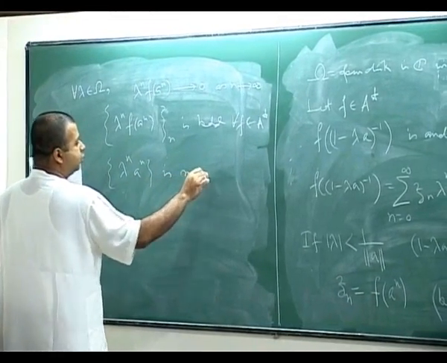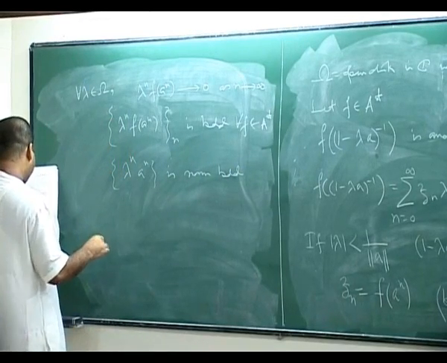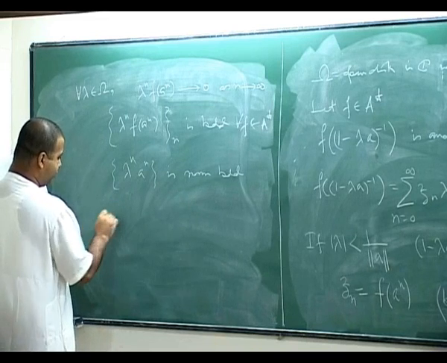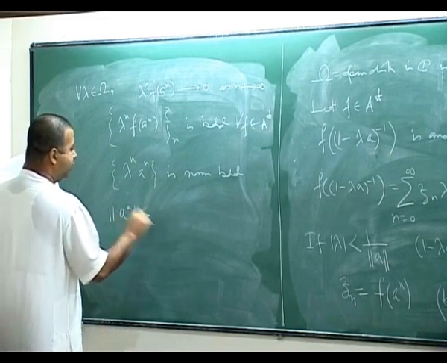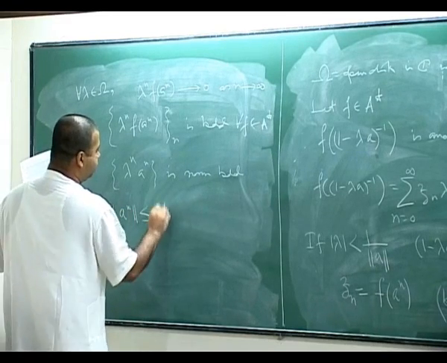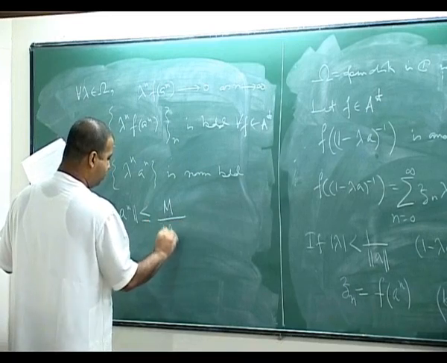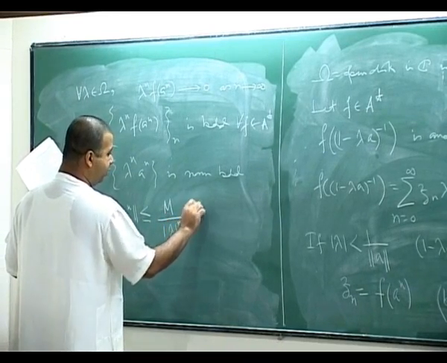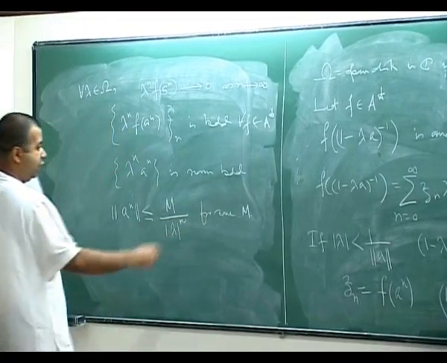Therefore, a_n is norm bounded, and so it says norm of a_n is less than or equal to M by mod lambda power n for some M. M may depend upon lambda.